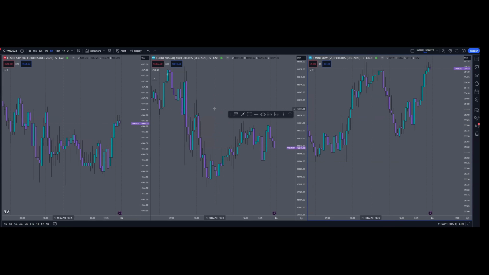I do know that the free TradingView doesn't allow you this layout. So I'm sorry, but if you want to make life a little easier, you should invest in a paid TradingView plan. You don't have to buy the most expensive one, just the most basic, the first paid one. I think it's very affordable right now.